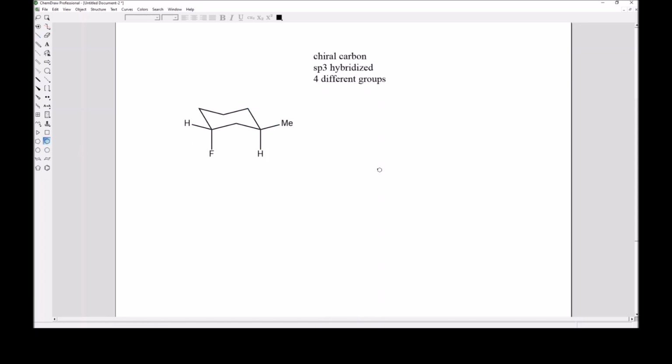And in a chair conformation, maybe it's a little harder to see that. So let me show you the top-down view of this same chair conformation. And I'm going to put a methyl group here. Well, no, let's do it right there. I did a fluorine on this one, so let me stick with the same example, and I'll put a fluorine going back down into the plane.